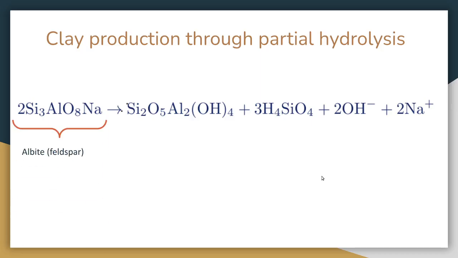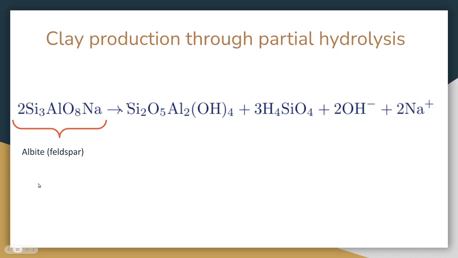We have the albite, as I said just now, which is a type of feldspar. As I said earlier, feldspars in general are aluminium silicates and also clay minerals. So the secondary mineral in this case will be expected to have that aluminium.